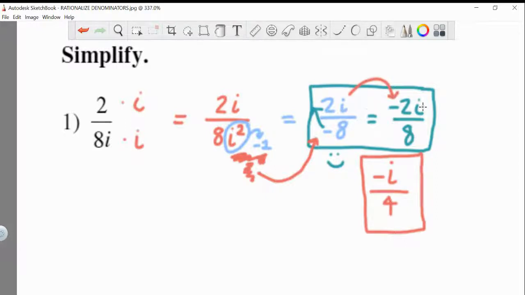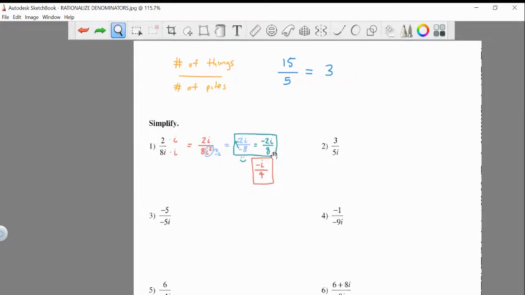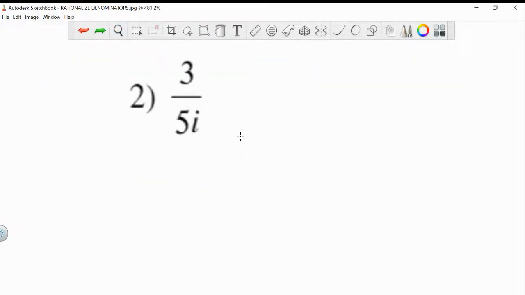Because it's the same thing. This one looks nicer. And if you still don't see this, you might have to go even further until you get to this. And at this point, the answer looks as good as it can possibly look, okay? So more so it's an issue of you seeing all of the correct answers and working on it from there. All right, let's do number 2 really quick.